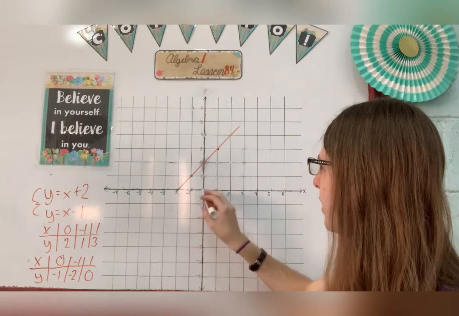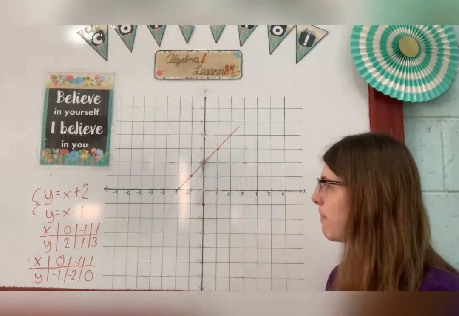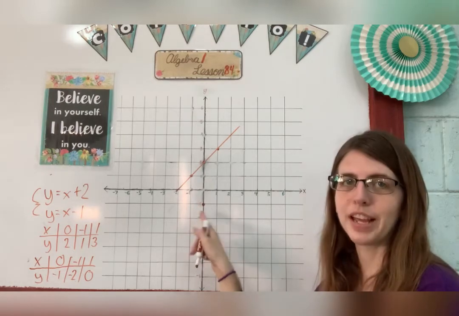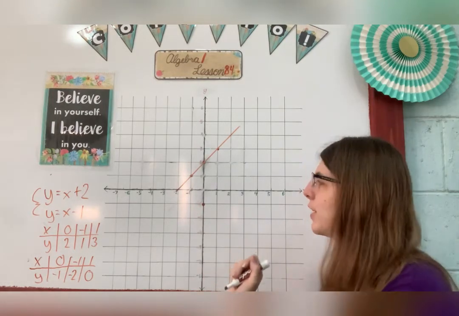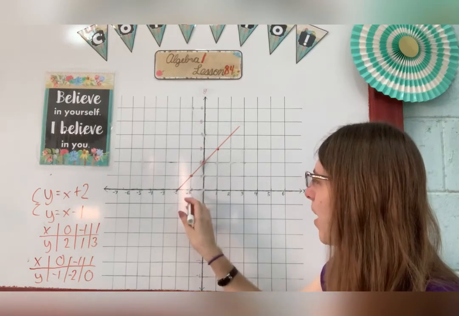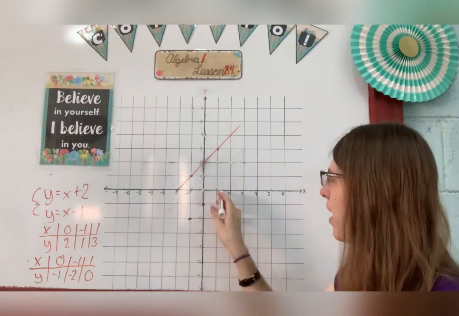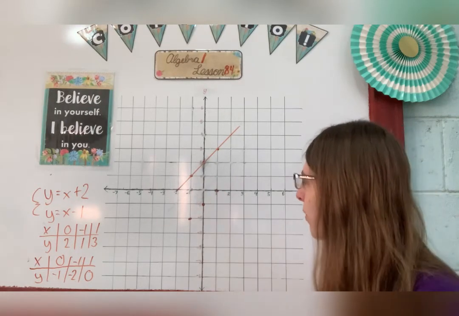Plot that. 0, negative 1. Oops, I have this written backwards. I have negative 6 here. It's supposed to be negative 1, but I don't think you can see it. Okay, so good. Then when x is negative 1, y is negative 2. When x is 1, y is 0.